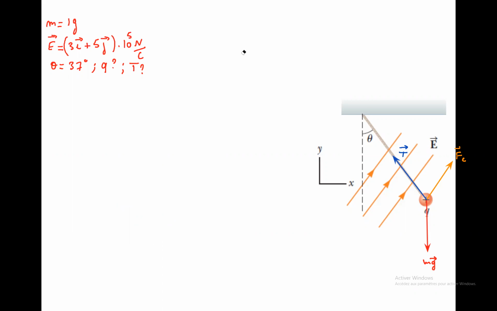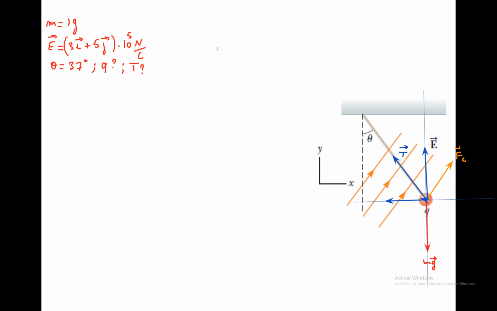In this case, we can put the components of each one. Here we can put the x-axis and y-axis. Here we have y, and we will have x as components. For T, we have Tx and here we have Ty.